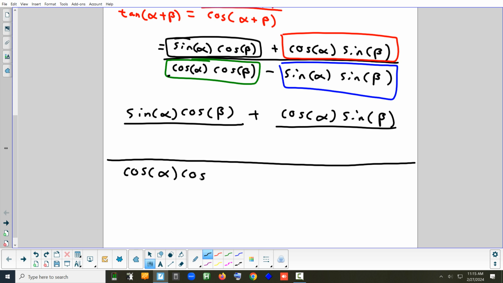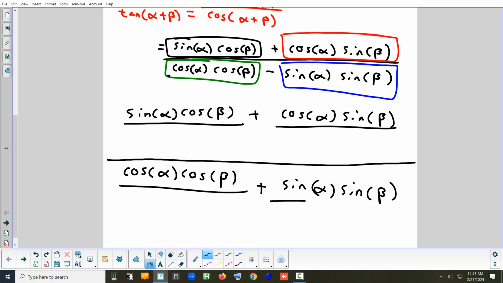Cosine alpha, cosine beta, and divide that. And sine alpha, sine beta. There's no subtraction, I'll fix that. Thank you. And we're going to divide that. So all 4 of those things are going to be divided by cosine alpha, cosine beta.